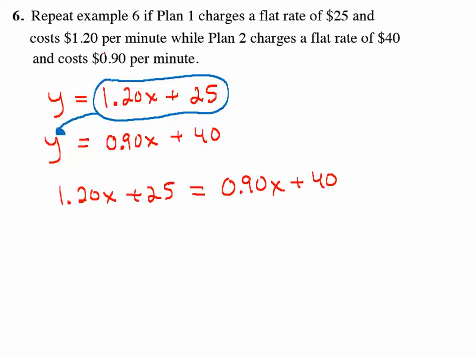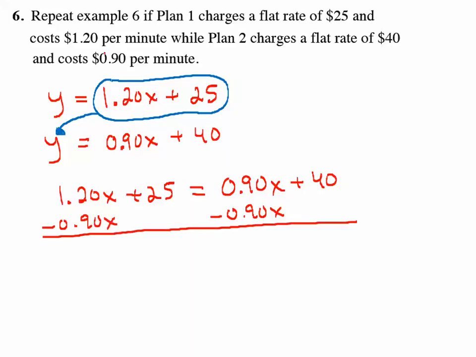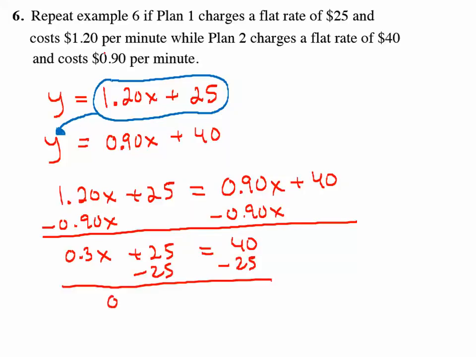Okay, just to finish up here, I know we're behind schedule a little bit. We're going to subtract 90 cents from $1.20. And we can put 30 cents or 0.3x. Subtract 25 from 40 makes 15.